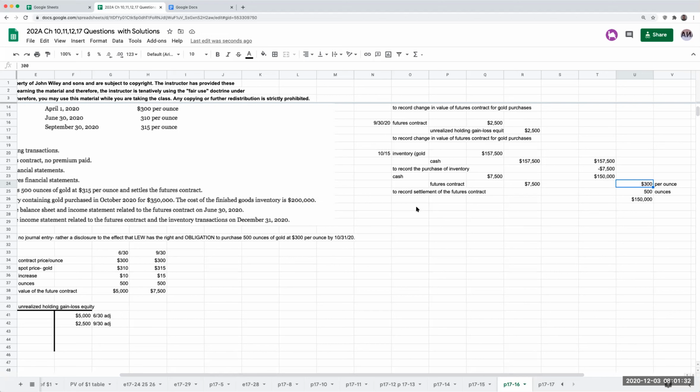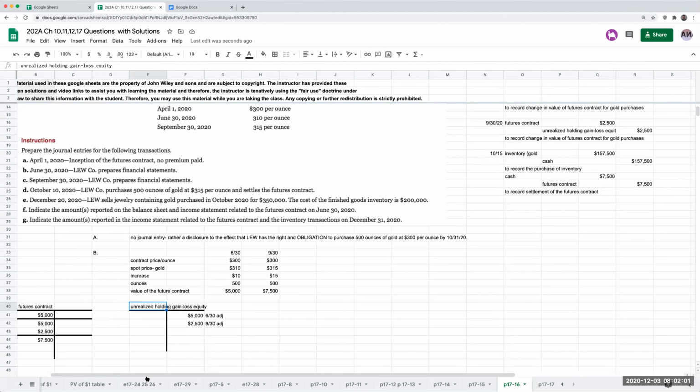Now, the other interesting thing is that as I'm looking at this a little more carefully, and I'll have to go back to the PowerPoints and look at it, one of the things throughout all these different lectures I've been struggling with is, if it's an unrealized holding gain or loss, is this going to be something that I include in other comprehensive income or loss, or is it going to be another item on the income statement?